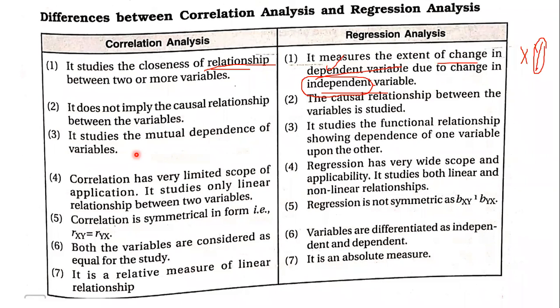Only one depends on the other, while the other just moves on its way. Then, correlation has very limited scope. We don't use correlation in too many branches, but regression we use in many branches, especially in research-oriented papers. Regression is widely used.